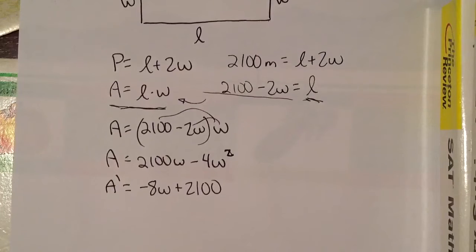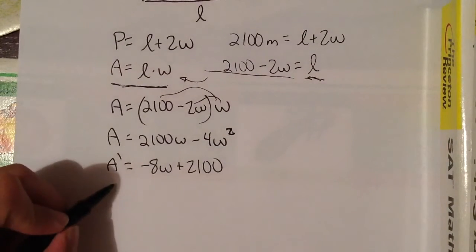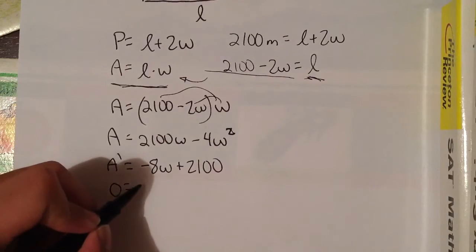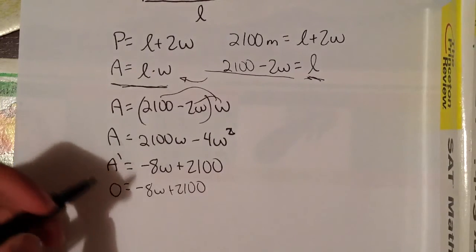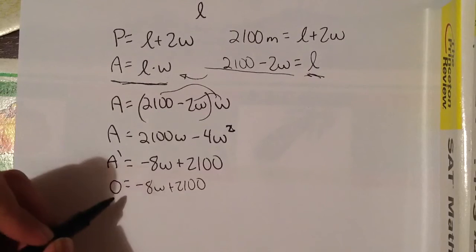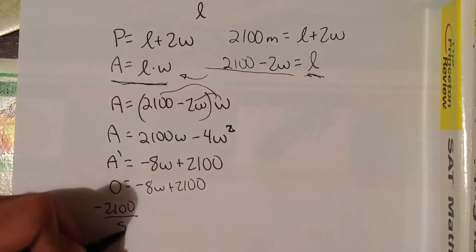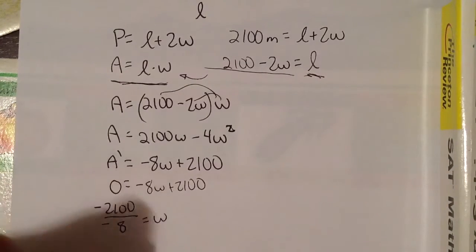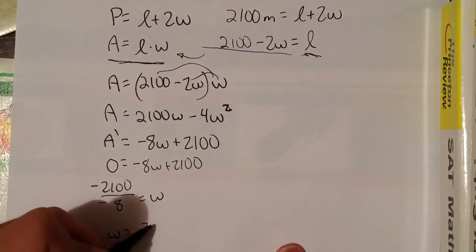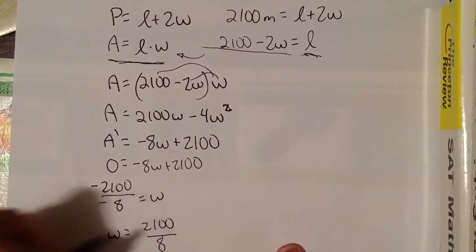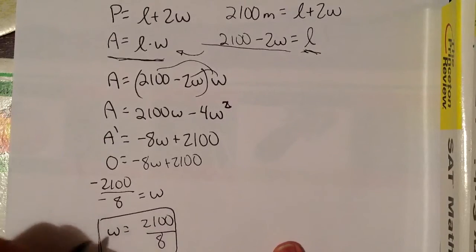Here we are. So set this equal to 0. And then you solve for W. So W is that. So we got the width.